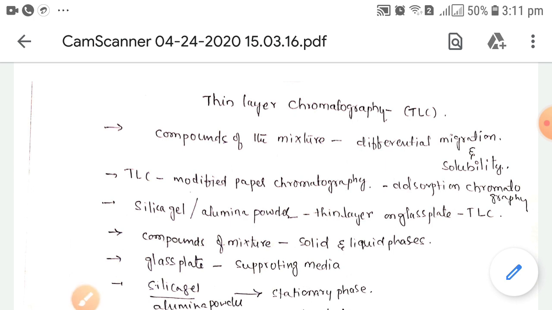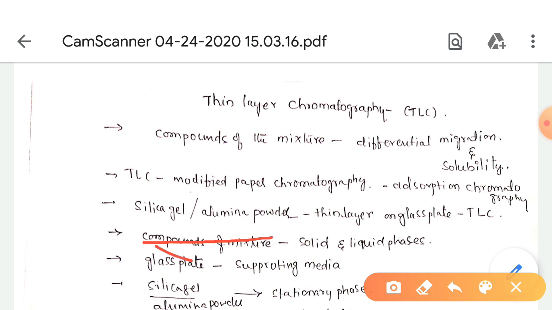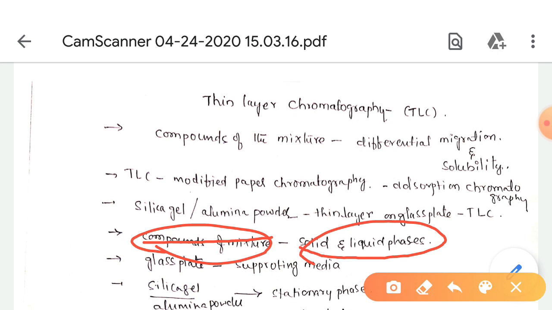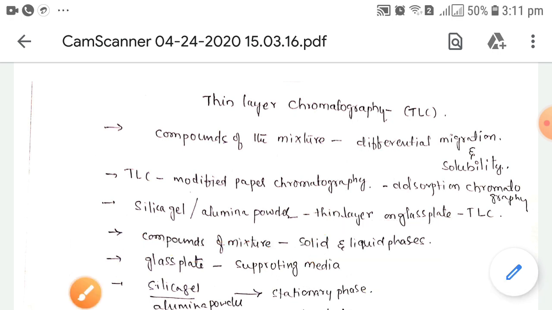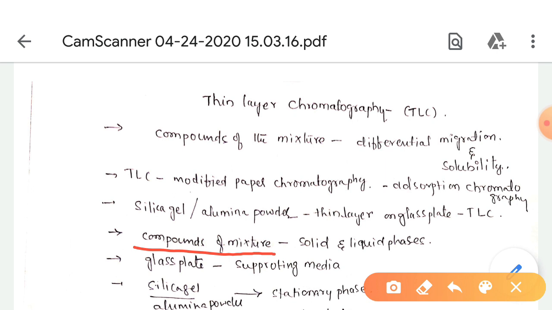In this technique, compounds of a mixture are separated between the solid and liquid phases.